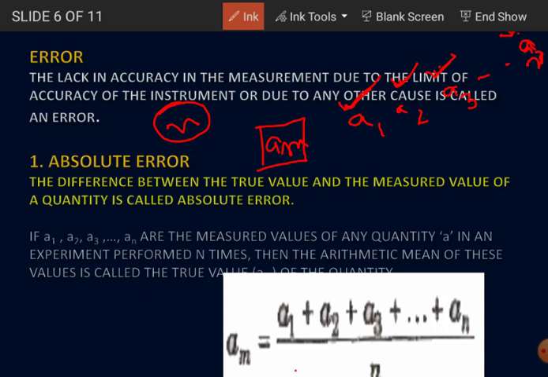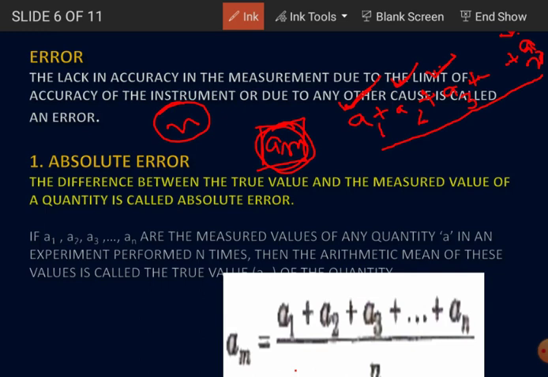If you want to find this am, the true value of that given object, then you need to take the average of all these measured quantities. We know that a mean or average means you sum up all the measured values, a1, a2, a3, and so on up to an, and divide by how many times you measured it, n times, right?